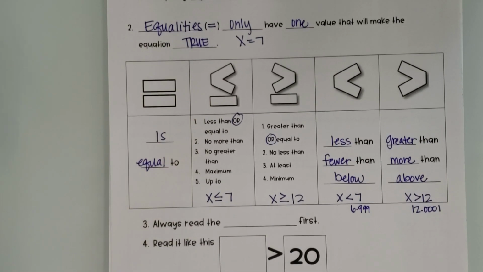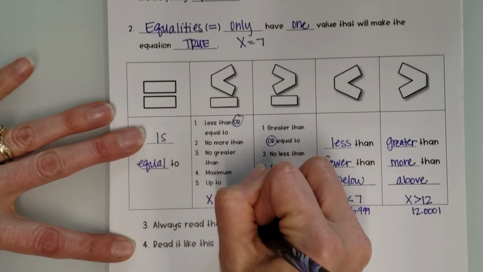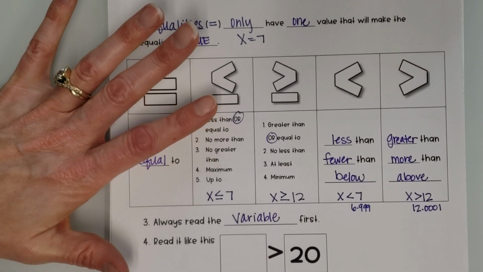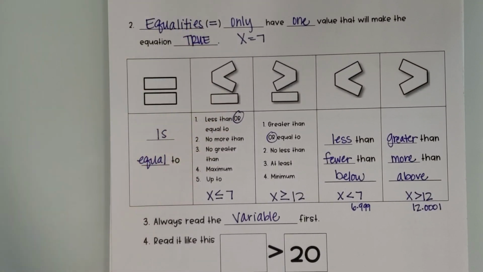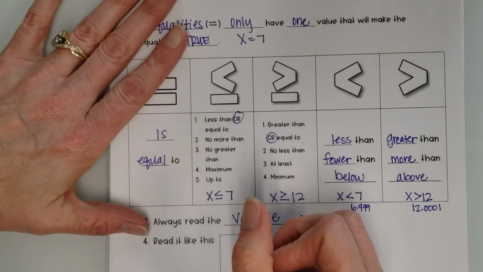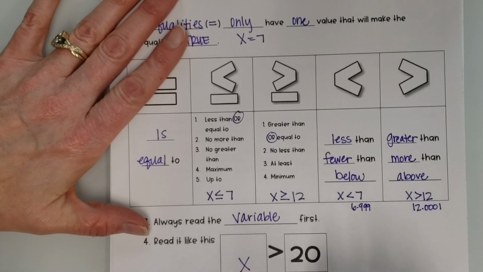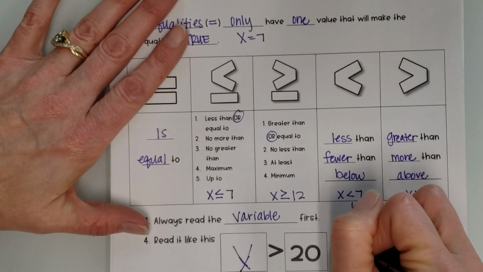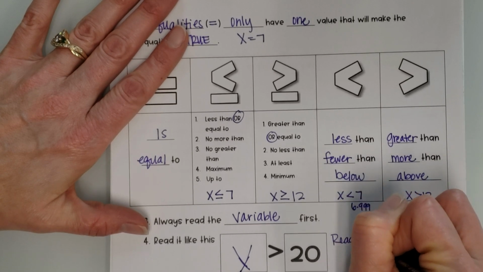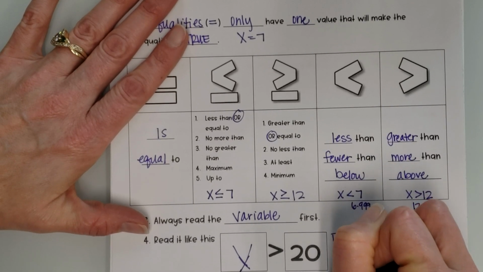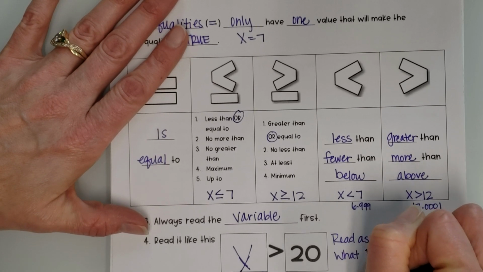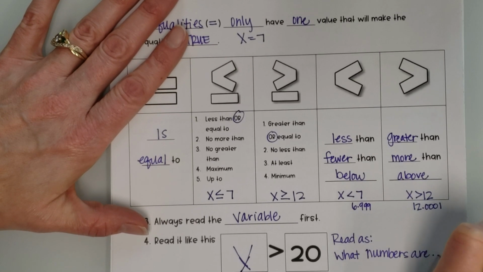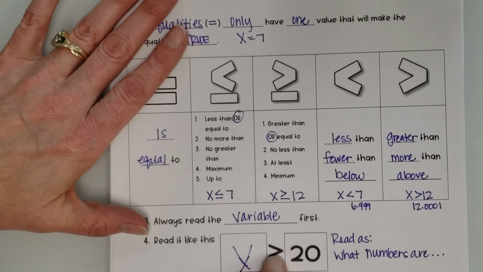So a couple key points. We always want to read the variable first. If we have an x here, this is going to be read as: what numbers are blank, less or greater than 20?